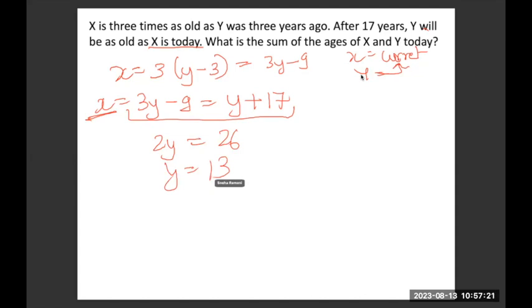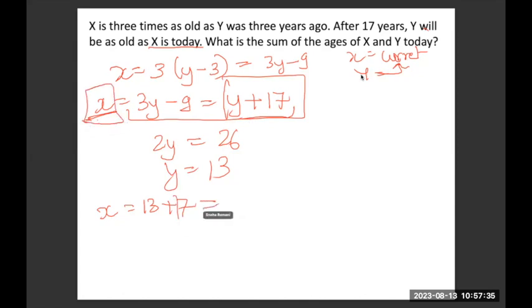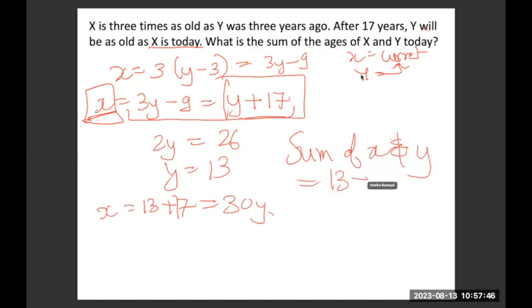What is the sum of the ages? So y is 13 years. X will be 13 plus 17, which will be equal to 30 years. So sum of x and y will be 13 plus 30, which is equal to 43 years.